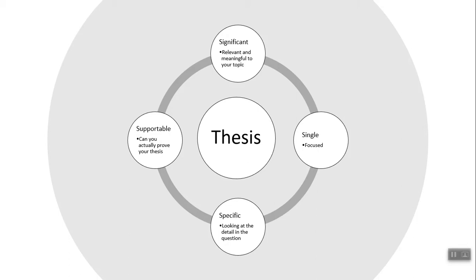For an art history major, you're looking at pieces of art and making arguments about that art. For an English major, you're looking at pieces of literature or different texts, and you're using what's in them as the basis of your argument. All right, so keep going here.